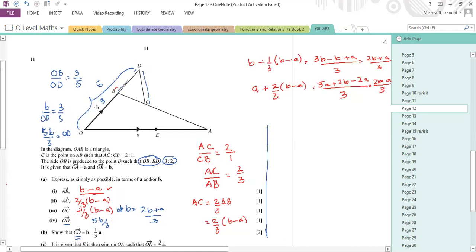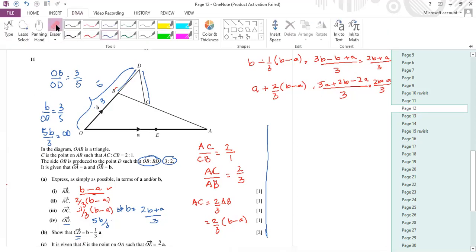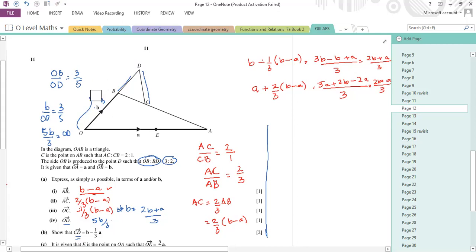Now, we already know what is OD. And B is how many parts? Let's check it. We know that B is 2 parts. We have got this here, right?